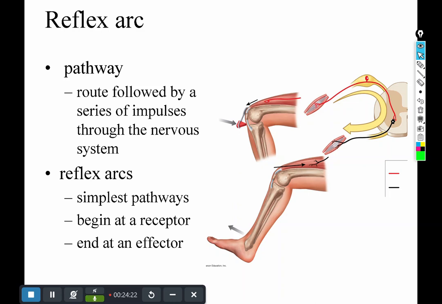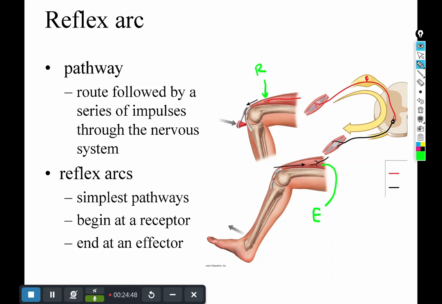So they're very, very basic. They begin at a receptor, in this case, the muscle spindle and Golgi tendon organ associated with the rectus femoris. So we've got our receptor here, and then they end at an effector. And in this case, the effector is the muscle in which that muscle spindle proprioceptor sits.